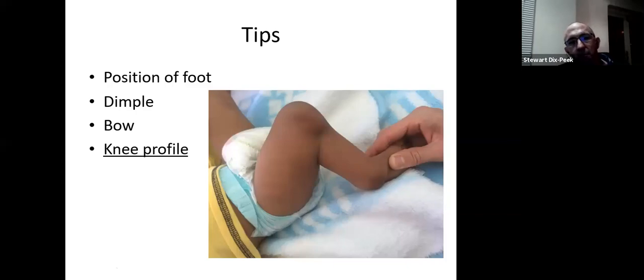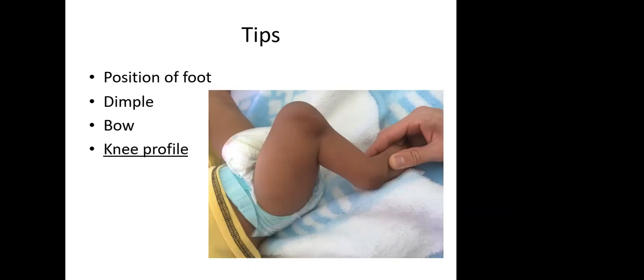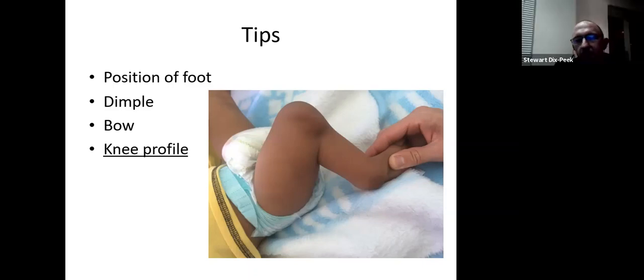What you should be able to see from this picture, which is more or less lateral, is the knee profile. What I'm particularly interested in now is where this tibia is sitting in relation to the knee joint itself. Well, it looks like it's posteriorly subluxed or sagged.